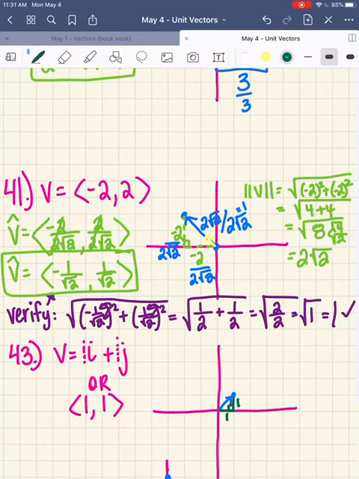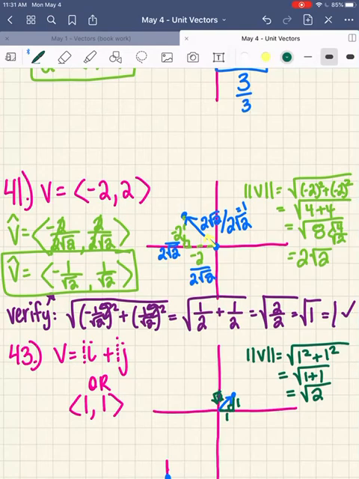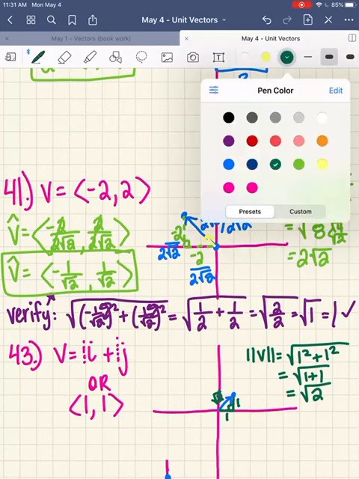Some of you may say, yeah, it's a unit vector because the sides are 1. But if you think about Pythagorean theorem, our magnitude of this v is not 1, because if we do 1 squared plus 1 squared, we actually get 2, and the square root of 2 at that. So we do not have a unit vector, so we need to scale it back. So how do we scale it back?